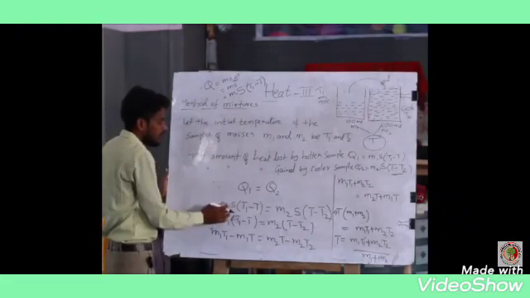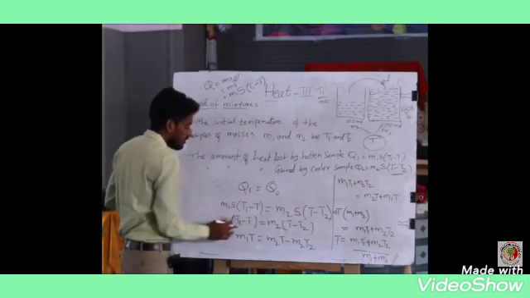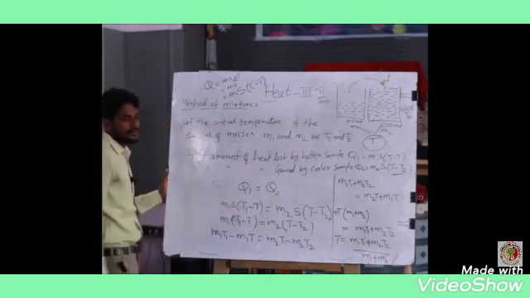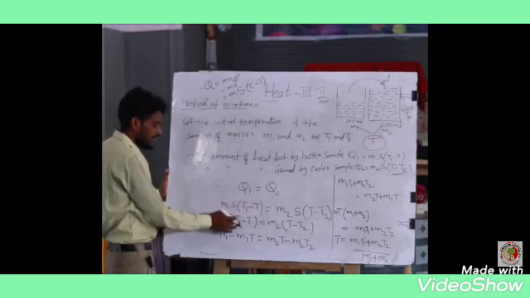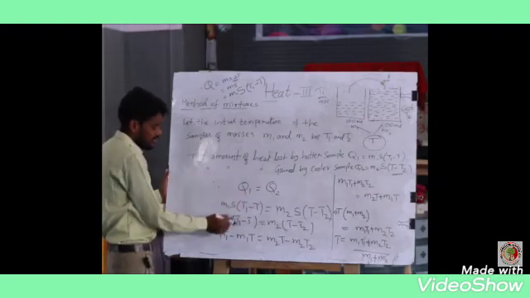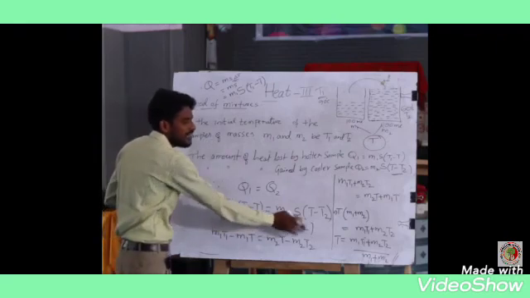Now Q1 equals M1 S (T1 minus T), equal to M2 S (T minus T2). S for water is always 1. So M1 (T1 minus T) equals M2 (T minus T2).